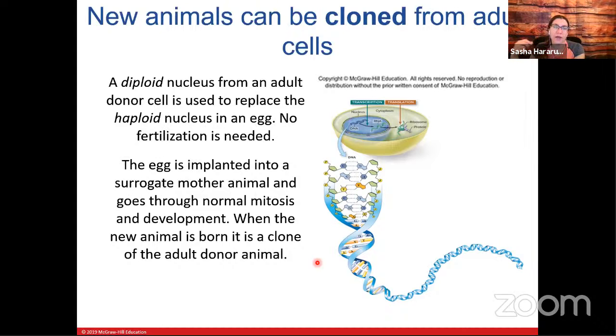So again, first we identify the sheep. I'll go to a concrete, specific example. The way that Dolly was created was that the nucleus from the mother, quote unquote, sheep's cell was extracted and placed into a donor egg cell with no genetic material.